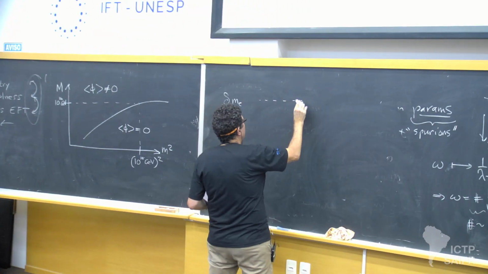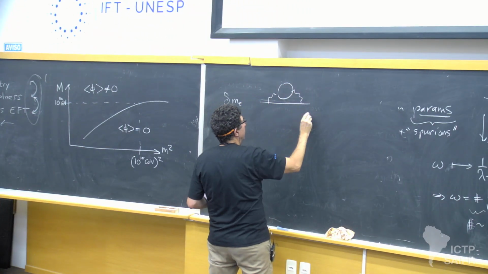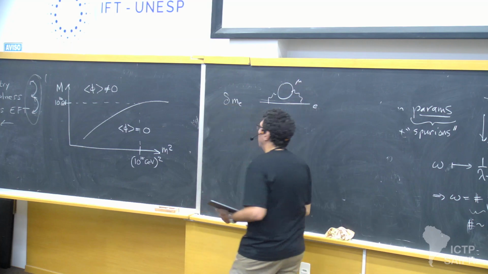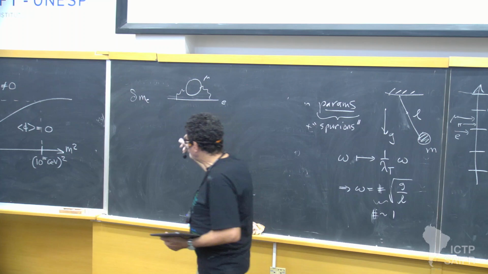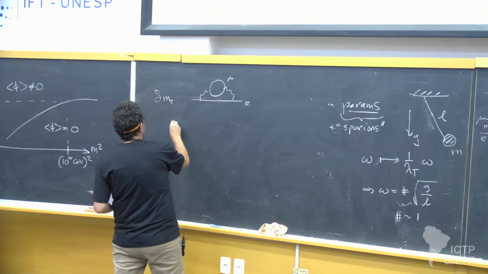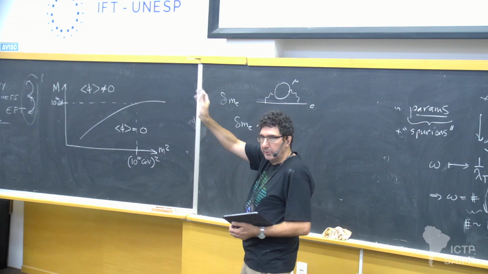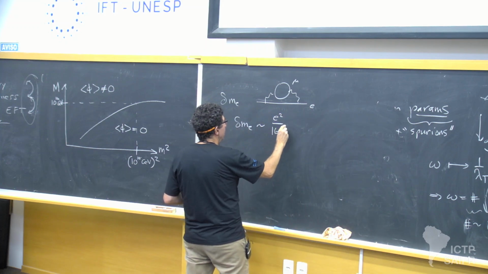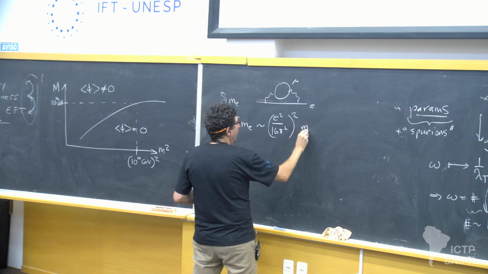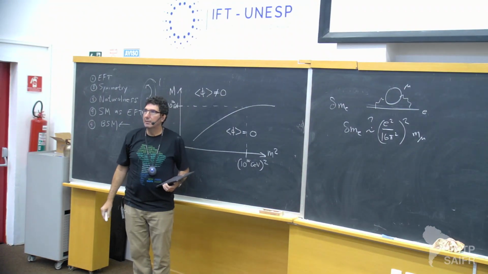It could come from some two-loop diagram, for example, with an electron and a muon. This is a hard diagram, it's two loops. I could imagine there's some finite contribution. Forget about renormalization, there's a two-loop factor here. Then why couldn't there be a correction to the electron mass like this?